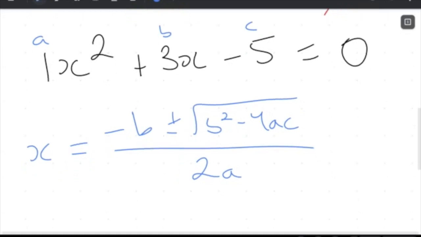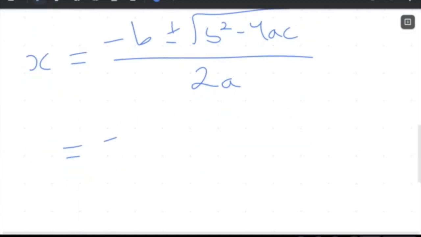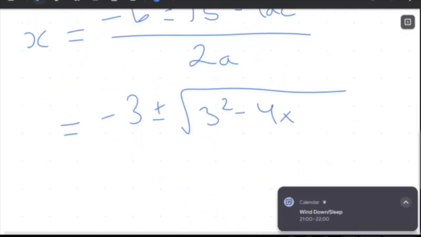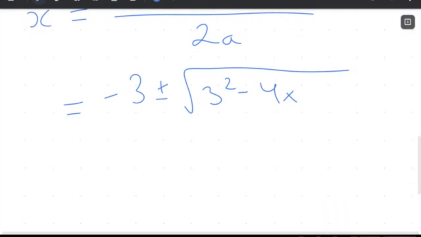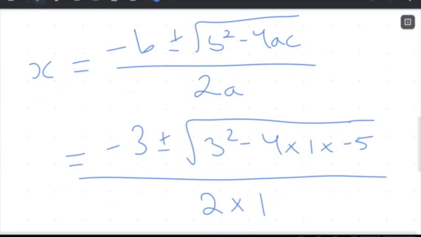And now we just want to substitute a, b, and c into the quadratic formula. So I'm going to have minus, my b is 3 here, so I have minus 3 plus or minus the square root of 3 squared minus 4 times 1 times negative 5, all over 2 times 1, because a here is 1.